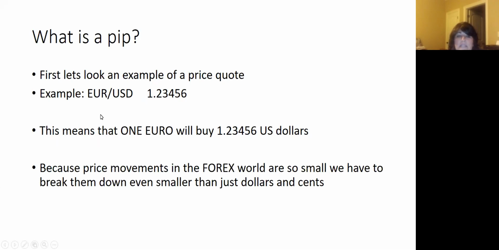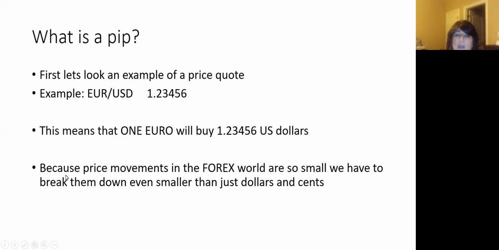So what this means is that one euro will buy 1.23456 US dollars. So this means that the US dollar is worth a little bit less than the euro. So when we're trading a euro for a dollar, 1 euro will buy 1.23456 US dollars. All right.